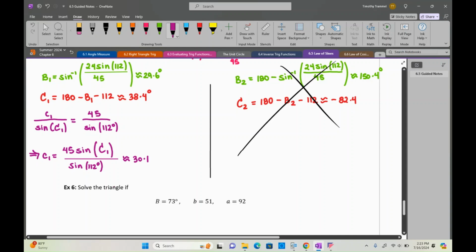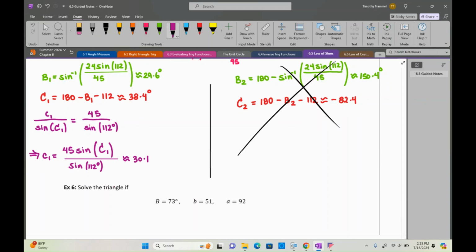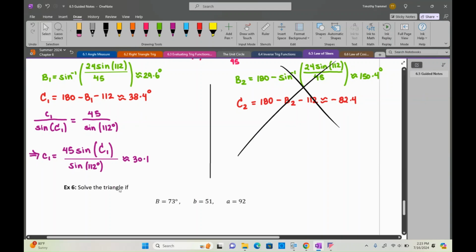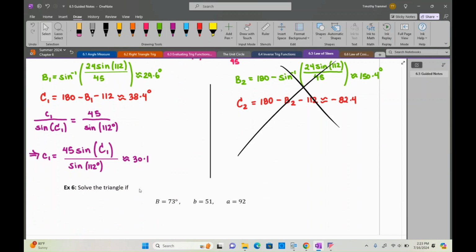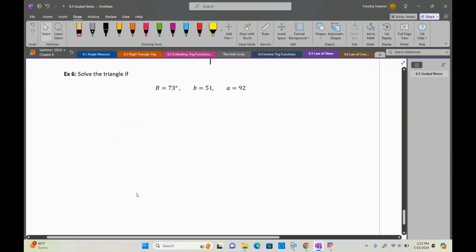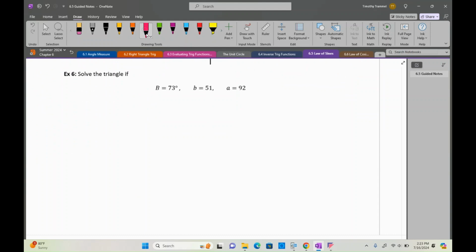Right, and then we just have one left here. So this time, let's see. We're in a very similar situation. We have one angle and two sides. Okay. So we can start setting up our law of sines.